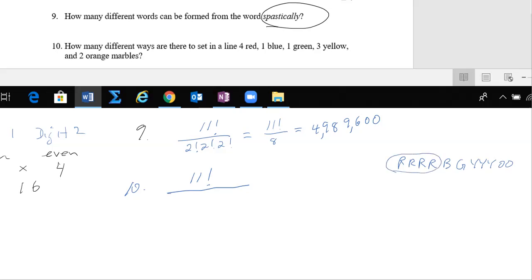You can move these 4 reds around, leave them in the front here, and let them interchange places with each other. Fact is, you have 4 factorial ways to do that, and nobody can tell the difference when you do it, since they're all the same color.